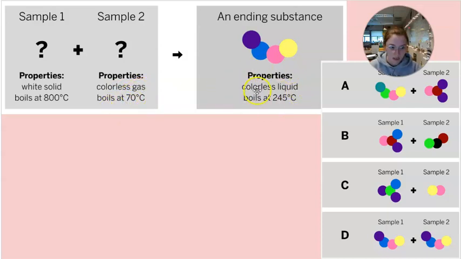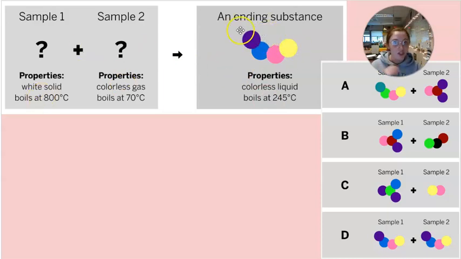My products: colorless liquid, boils at 245 degrees Celsius. Are my properties the same or different? They're different. So are either sample 1 or 2 here going to look like this molecule, yes or no? No, because my properties are different, so it can't look like this.